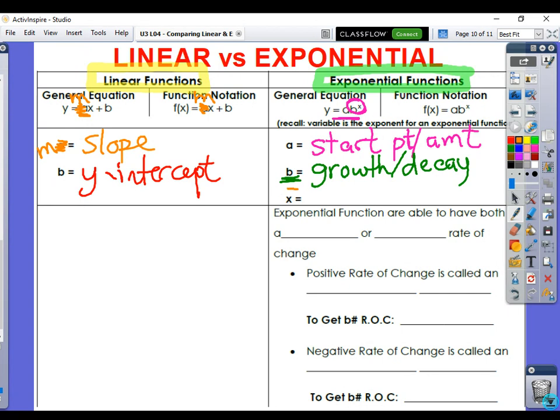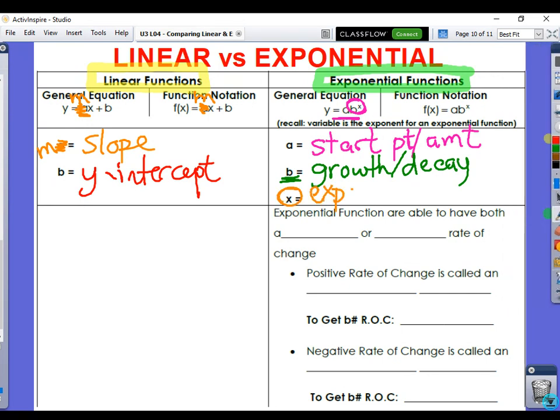And then your x value is the exponent. This is now your exponent. And when we start to apply this idea to real world scenarios, your x value is very often going to represent time. So you can put that in quotes here at the end, so you start to realize what's coming.